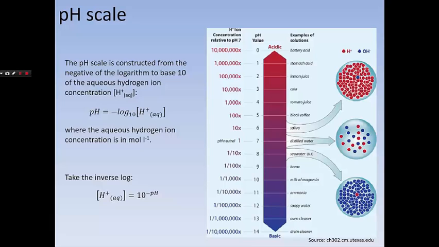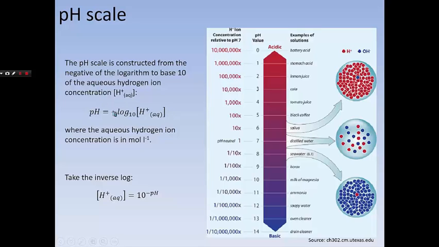As we can see, the concentrations of these two ions are usually very small. When we are dealing with very small numbers, it is convenient to use logarithm. So the pH is introduced as the measure of the hydrogen ion concentration. pH here is the negative of the logarithm to base 10 of the hydrogen ion concentration.